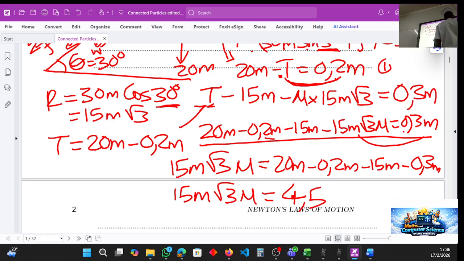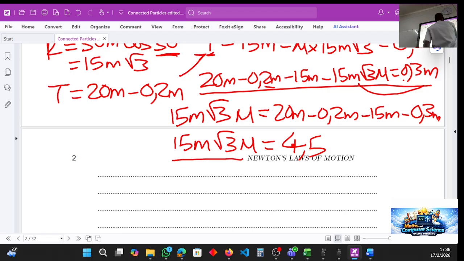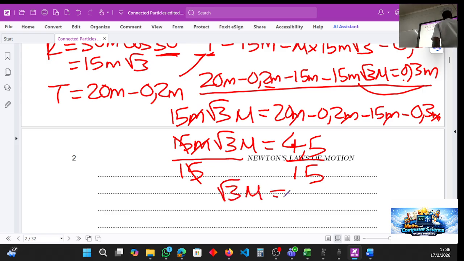But I want to make mu the subject of the formula. The m was common on both sides, so it cancels when we simplify. So we end up with 15 root 3 mu equal to 4.5. We divide both sides by 15, then 15 will cancel, and we end up with root 3 mu equal to 4.5 over 15.